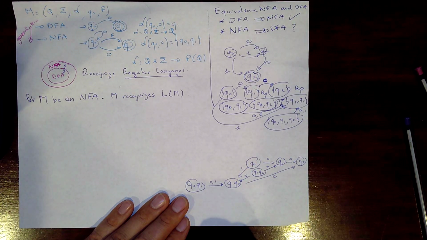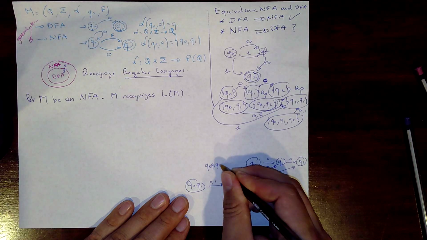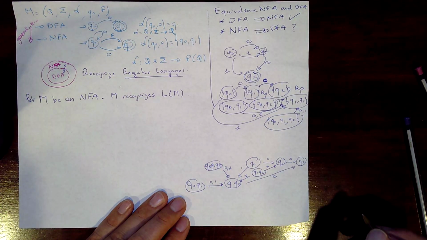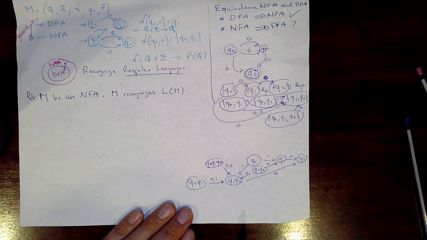Okay. And we have Q0, Q1, Q2 with 0, 1. And I think we have everything. Okay. So that's a bit better.